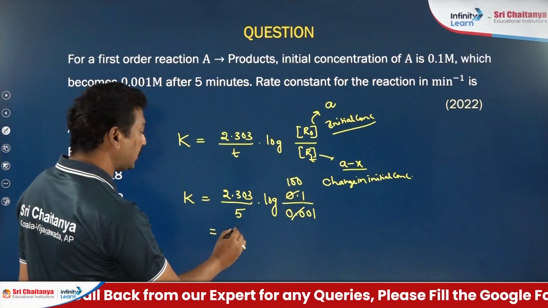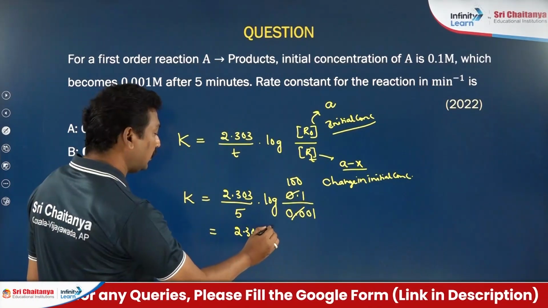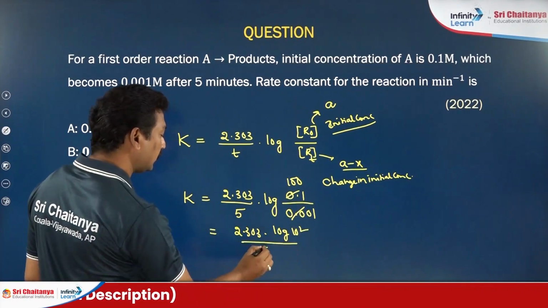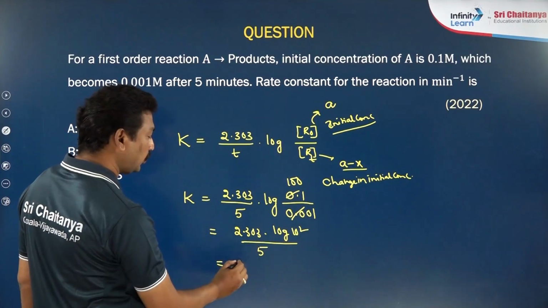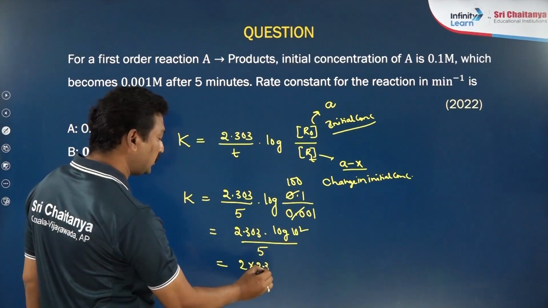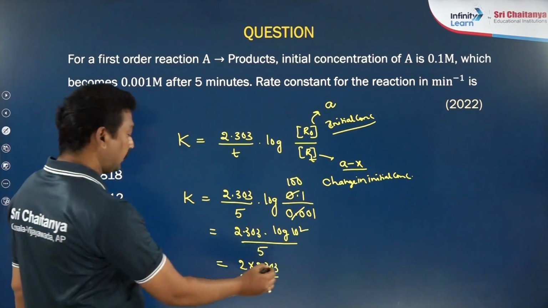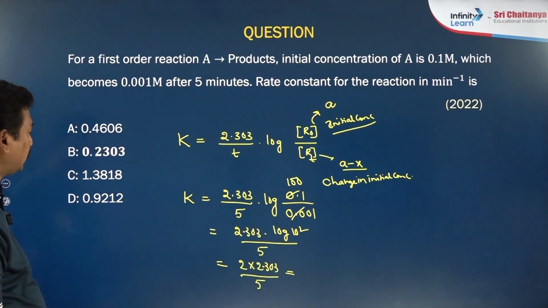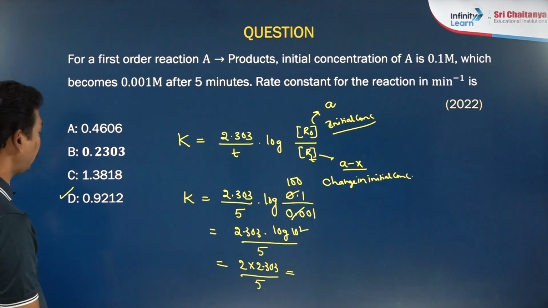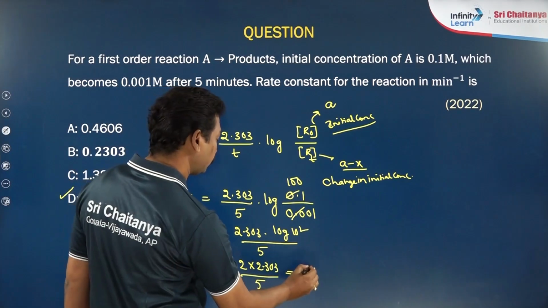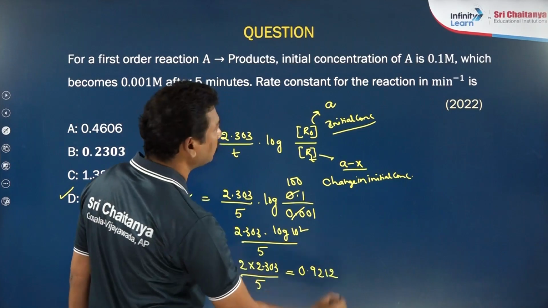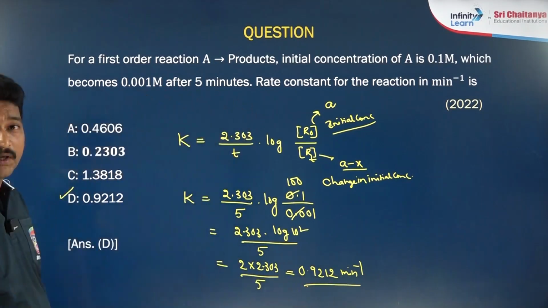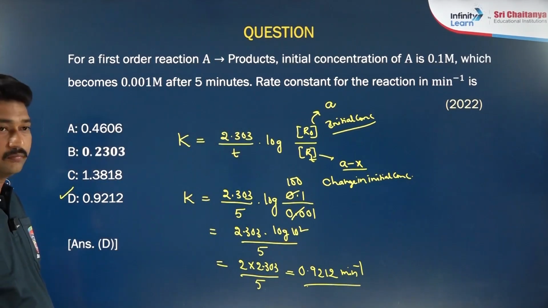Log 100 is nothing but log 10 square, which is 2. 2 into 2.303 by 5. And 2 by 5 value is 0.4. 0.4 into 2.303 is nothing but 0.9212. The answer is 0.9212 minute inverse.